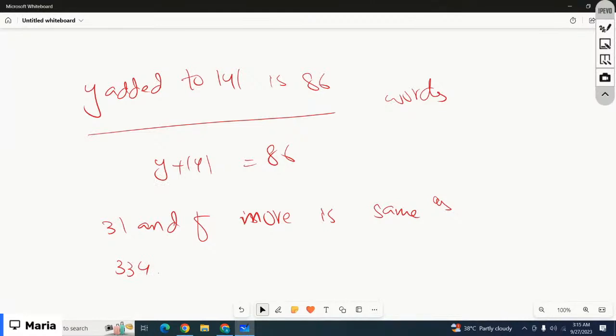How do you write this equation? f more means you have to add 31 and f more: 31 plus f, and that equals 334. The correct option is 31 plus f equals 334, right?